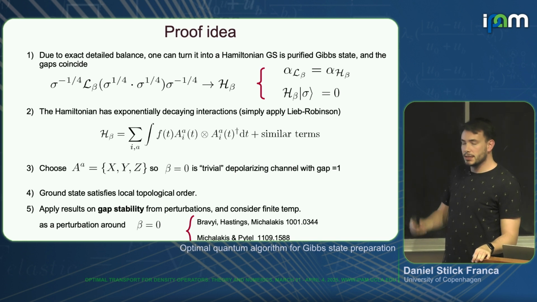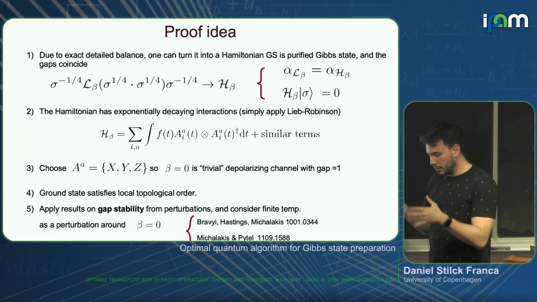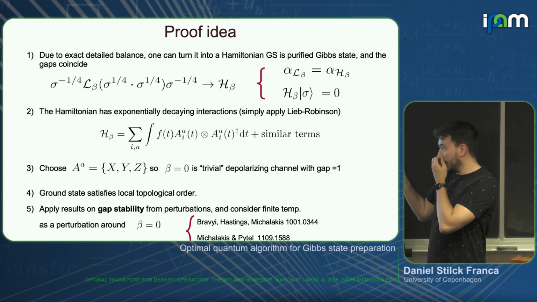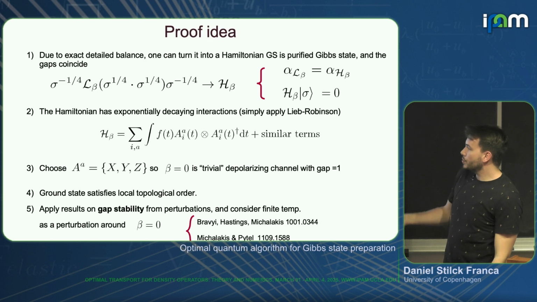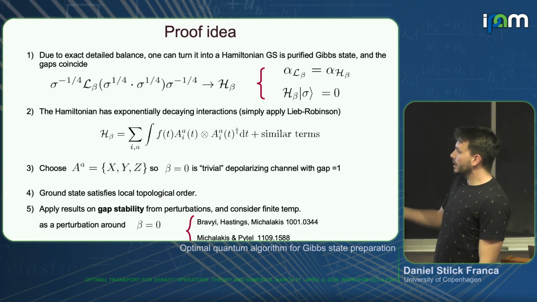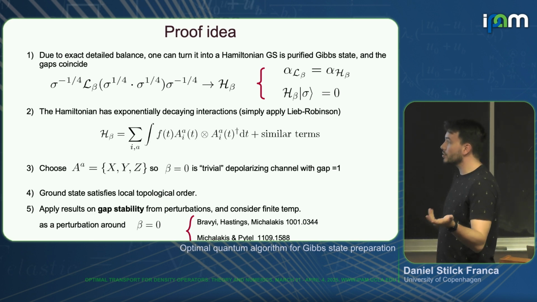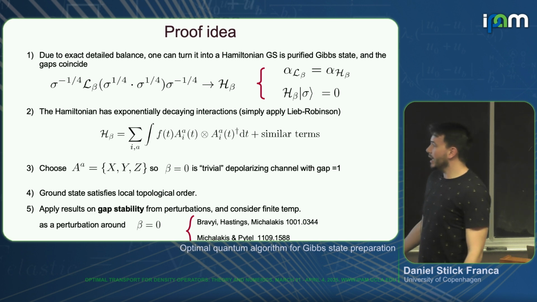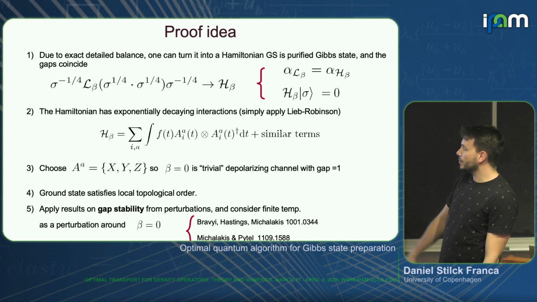But how do we show this rapid mixing? We reduce this dissipative problem to a Hamiltonian problem, and we use this detailed balance condition to map our generator into a Hamiltonian in an enlarged space. You can show that this is self-adjoint, on a Hilbert space that does not depend on sigma or beta.